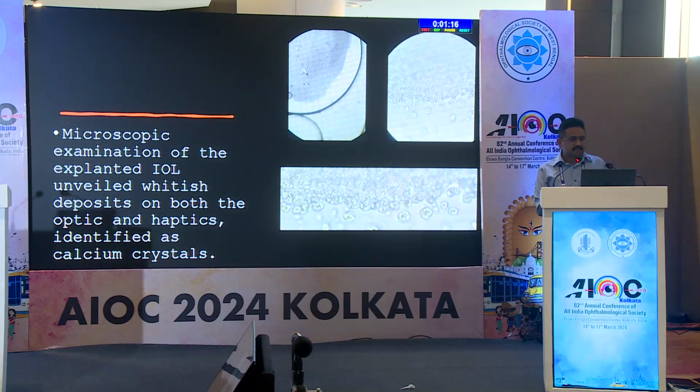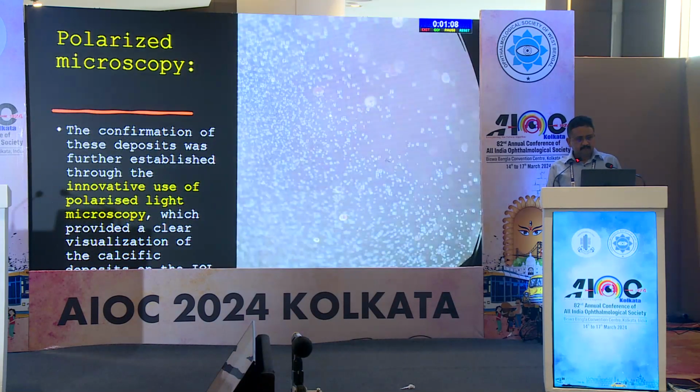When she did the microscopic examination, it could reveal these beautiful whitish deposits, which were identified as calcium crystals. Subsequently, on polarized microscopy, without any specific stain like von Kossa or other specific stains for calcium, these crystals resembled the calcium carbonate crystals which are seen in urine sediments.